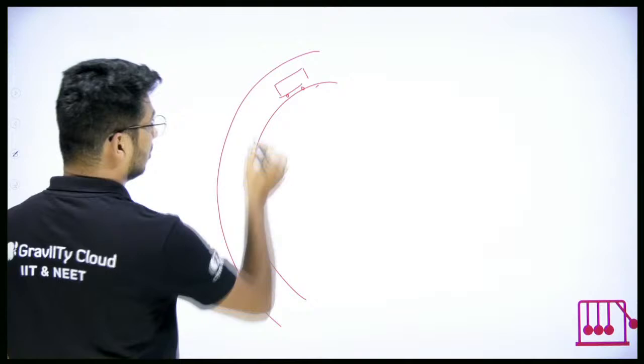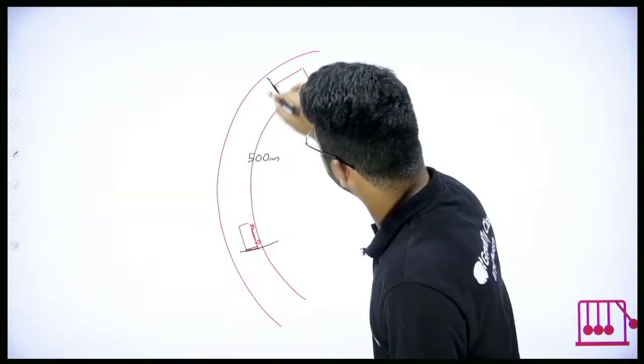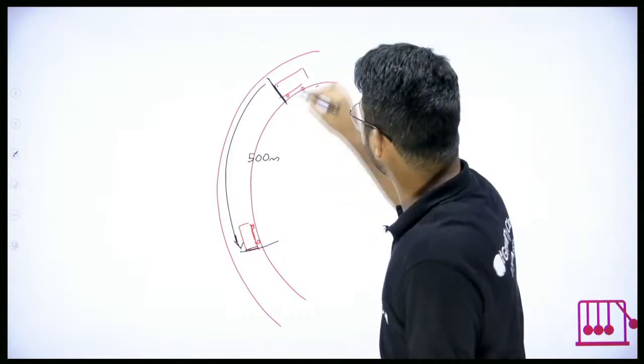Here again, the same thing. If the front of the car has traveled 500 meters, then the back of the car will also travel 500 meters.